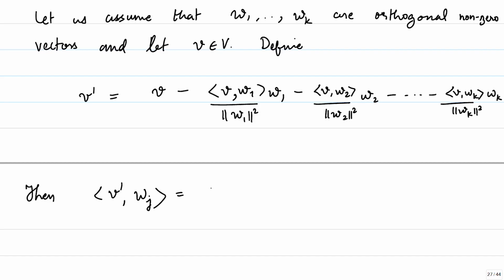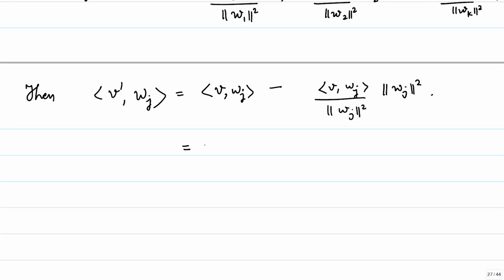So this will just be equal to, by the linearity property, V comma Wj minus V comma Wj by the length of Wj square times the length of Wj square, because everything else cancels out and the other terms vanish, because Wj and Wi are orthogonal for all i from 1 to k which is not equal to j. The linearity tells us this, and this is also equal to 0.